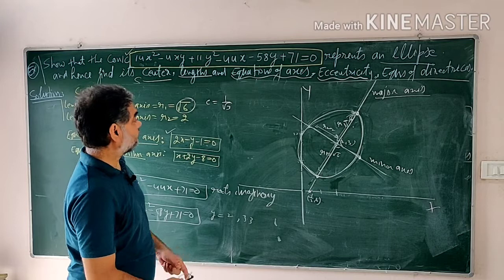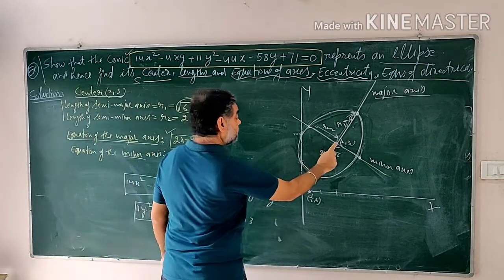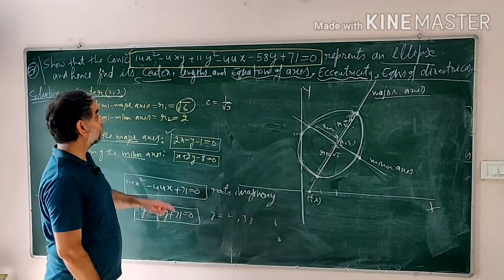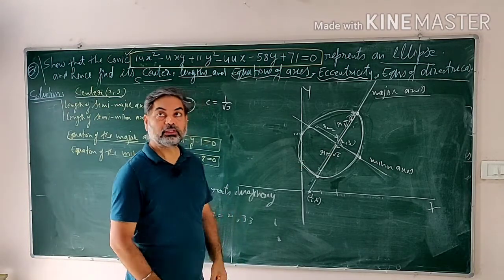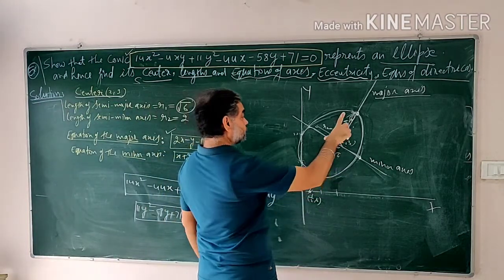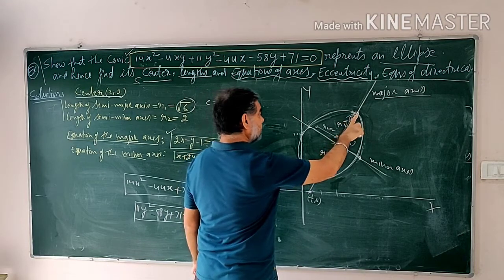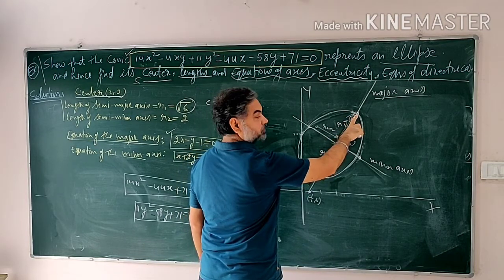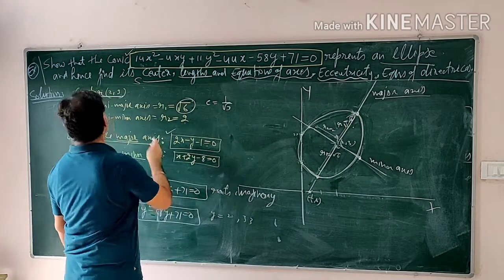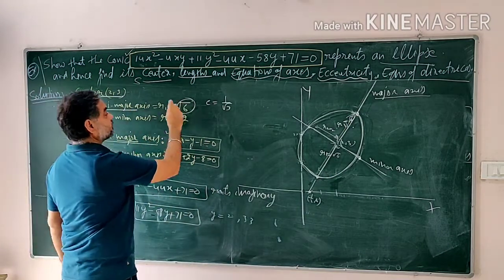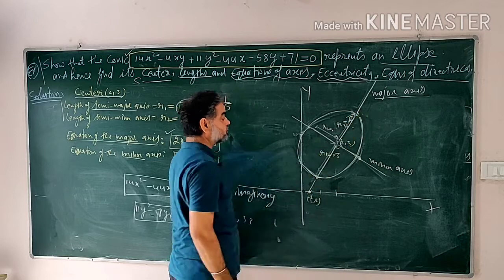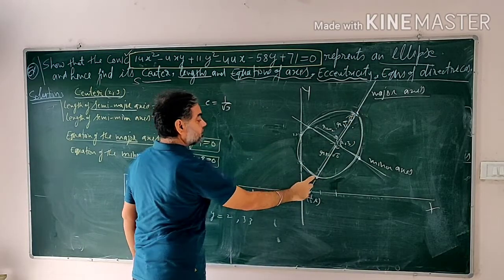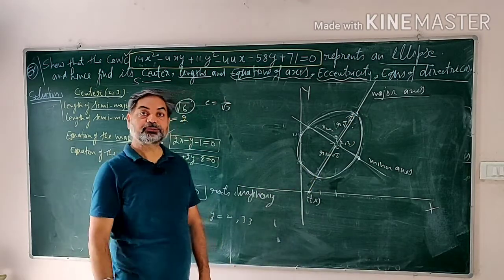So how have we drawn this ellipse? First of all, find the center. The center is (2, 3). So mark the center point (2, 3). Then you cut the length equal to the semi-major axis, which is root 6. So cut root 6 length here and root 6 length here, marking these points.